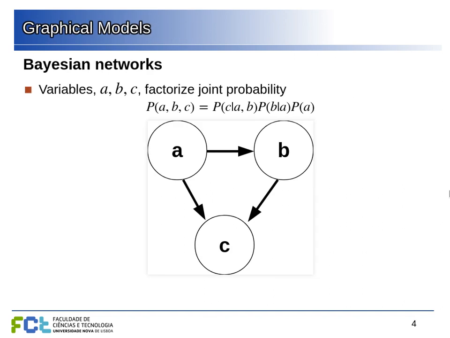If we have, in this example, three different random variables, we can factorize the joint probability distribution as a function of conditional probabilities.